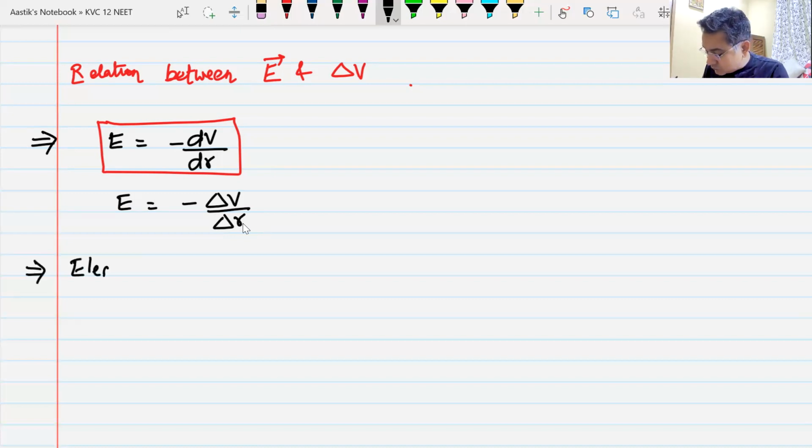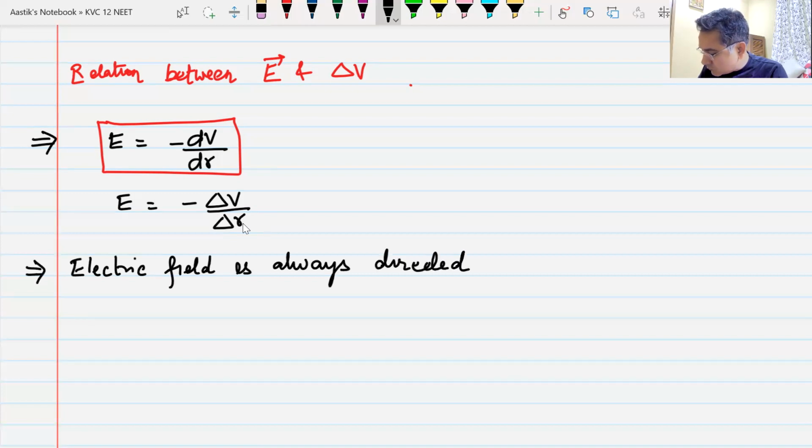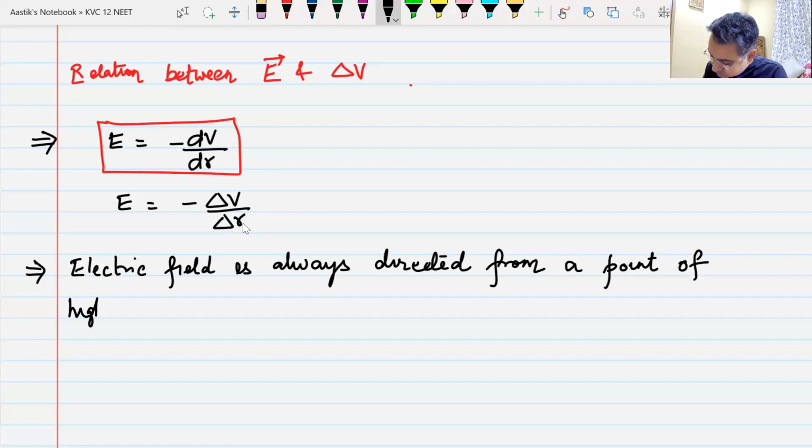Electric field or electric field lines are always directed from a point of higher potential to lower potential.